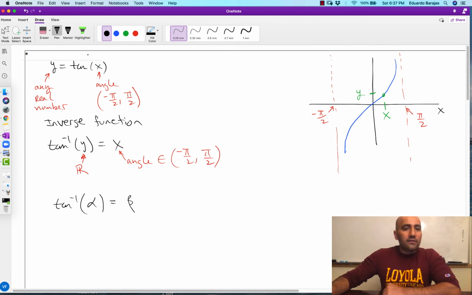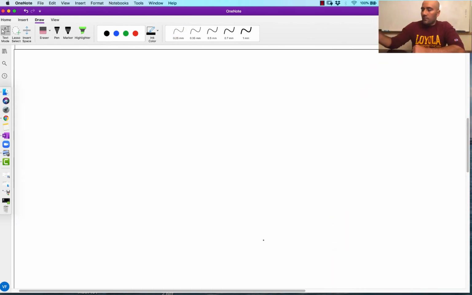But people love x and y, so instead of sticking to the x and the y, we flip it around and say let's let that be the x and that be the y, just because we like to think of this as our input variable to this function. So hopefully that doesn't confuse you too much. Okay, so let's start all over here. So y equals tangent inverse of x.